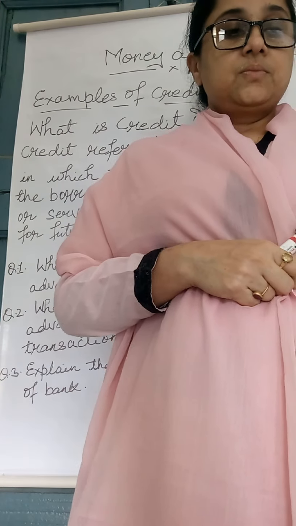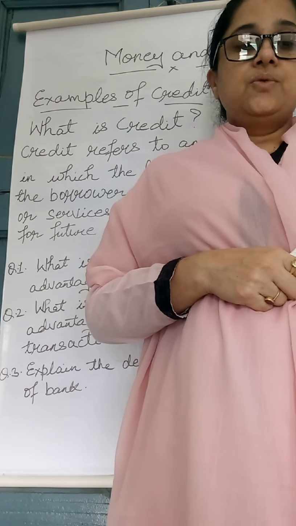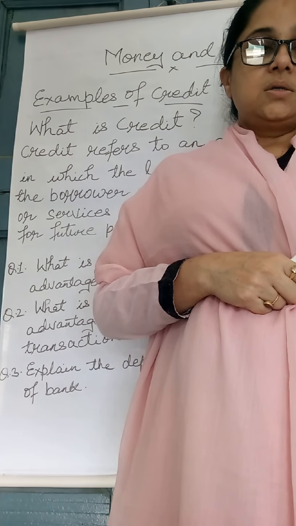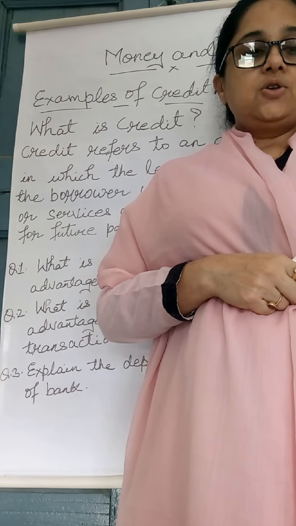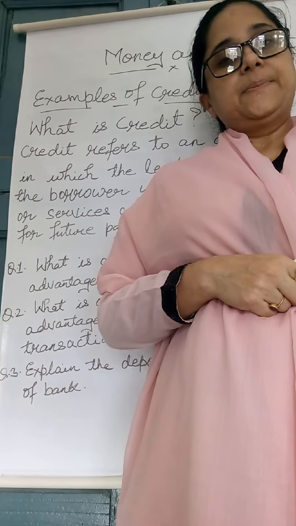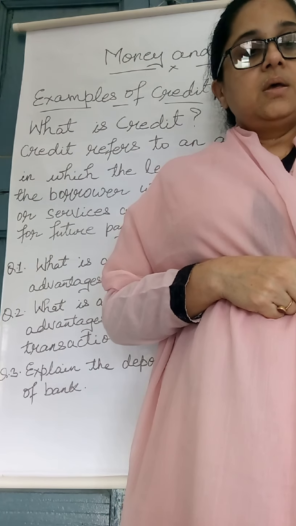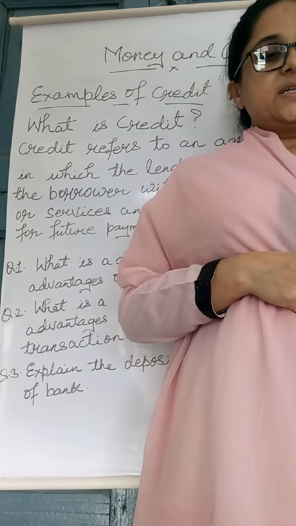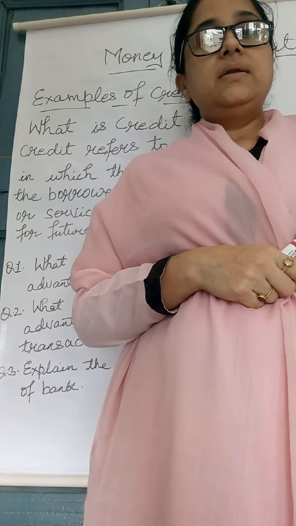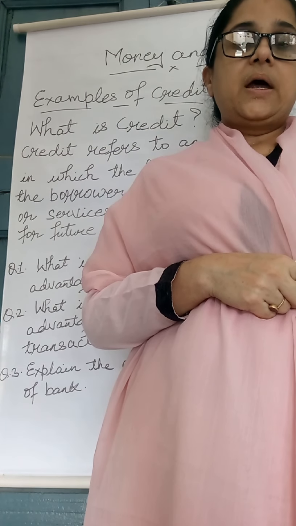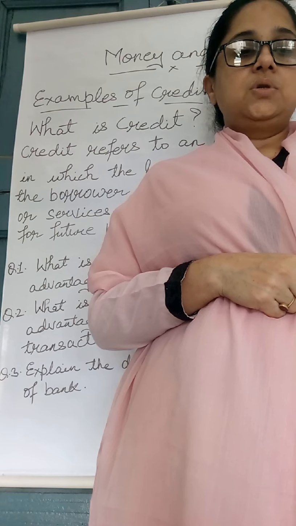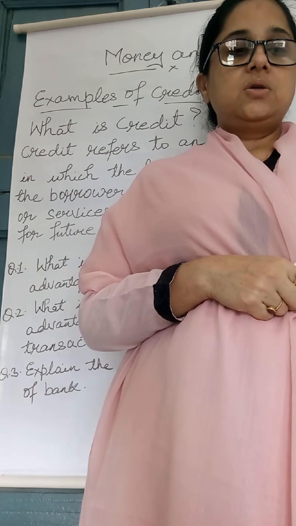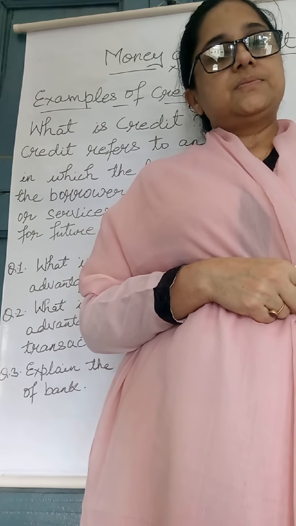So, he has to forego a part of his land in order to pay the debt. Here, credit plays a negative role and lowers the financial position of the farmer.